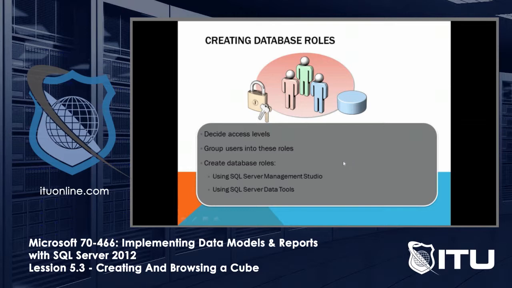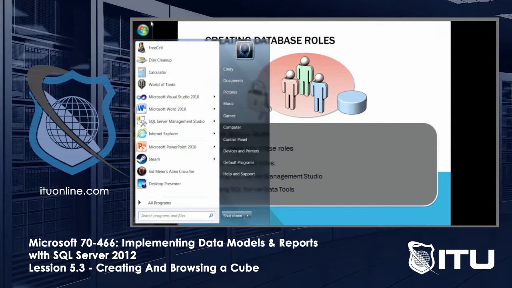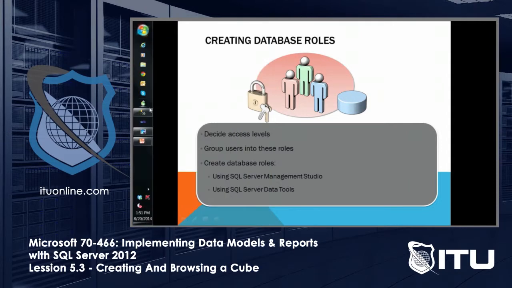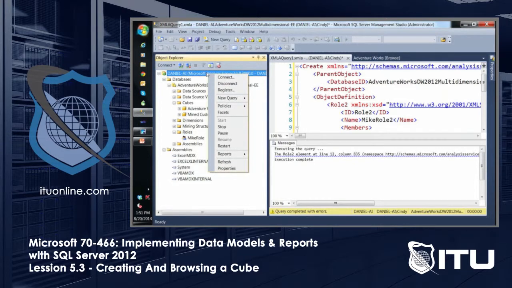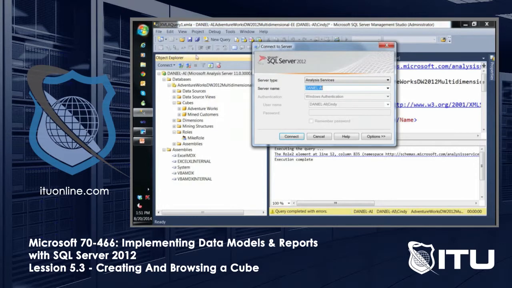If I go back, just in case you want to see, may as well show you. We'll go back here, and what I'll do is connect to the instance of the database engine, and I'm going to go server name dot, and I'm going to connect.